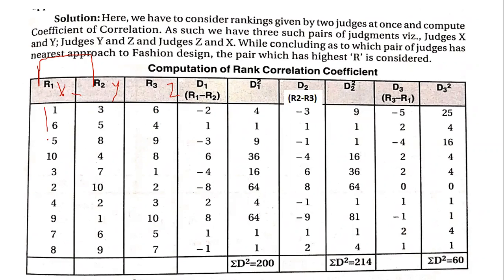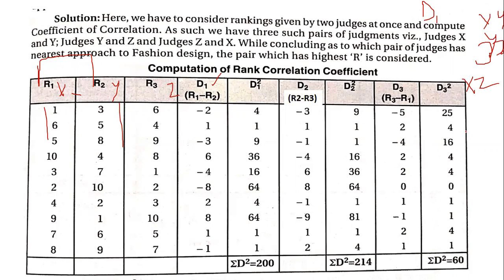Just subtract the R1 and R2 columns to get D1. Here be careful, don't just write D, write it as D1, because we'll have to find the result for 3 pairs of judges. How 3 pairs? XY, YZ and XZ.